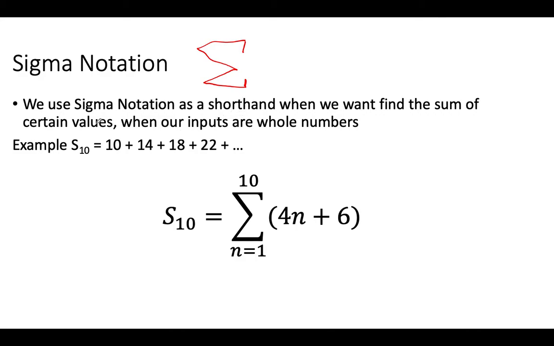So if I said S sub 10 for our series from the previous slide, I can rewrite it using the sigma notation. So again, the sigma tells us that we're adding, and then there's three components to it. You have these two indices at the bottom and the top, and then you have the rule, what we're adding.